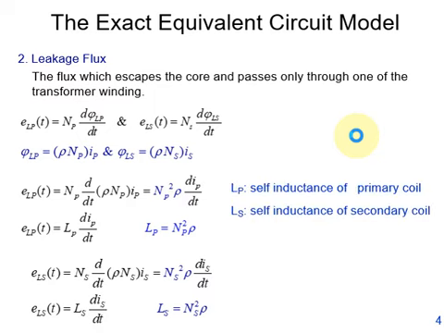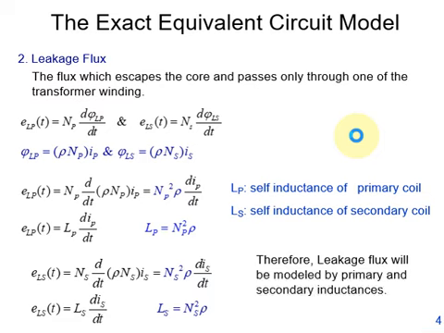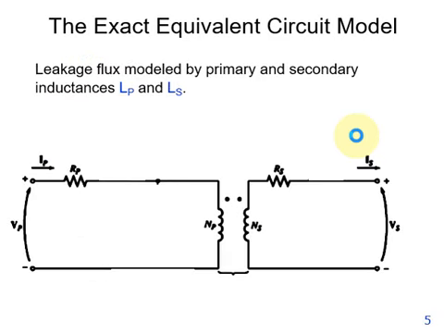So the self-inductance of the primary coil and the self-inductance of the secondary coil. So leakage flux can be modeled by primary and secondary inductances, and we include the primary and secondary inductances in this already modeled circuit, and in this circuit now the effect of the leakage flux is also incorporated.